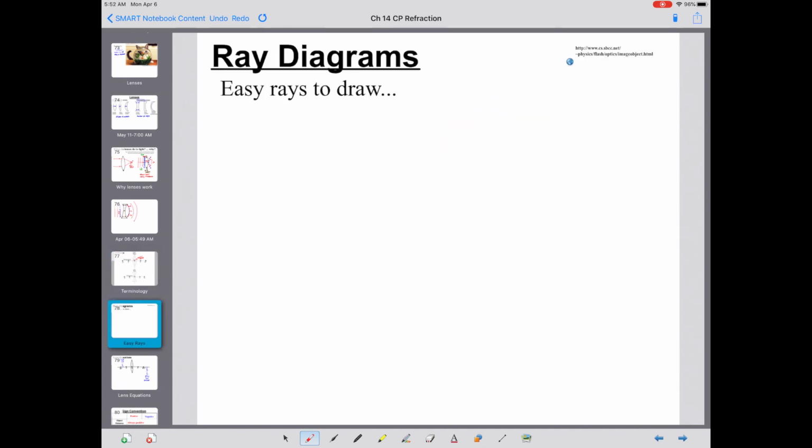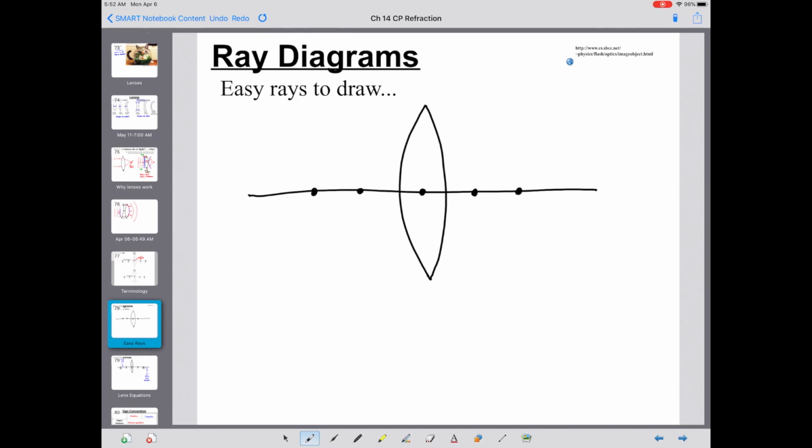In a simulation that you'll do, they will simulate specific rays that will travel. So I want to summarize a little bit about those rays. I'm going to draw a converging lens shape. We know it's converging because it's thicker in the middle. I'm going to draw our principal axis, and label the different points we saw on the previous slide.